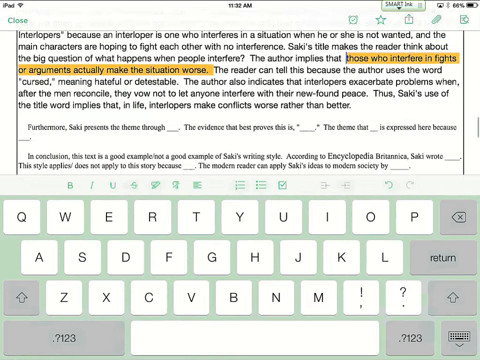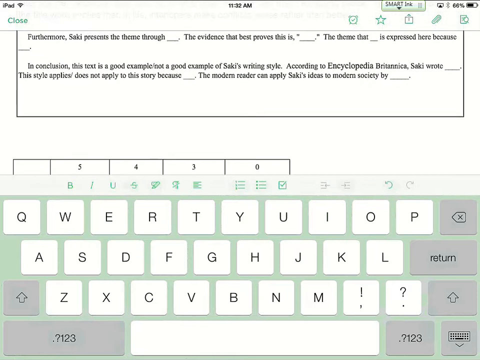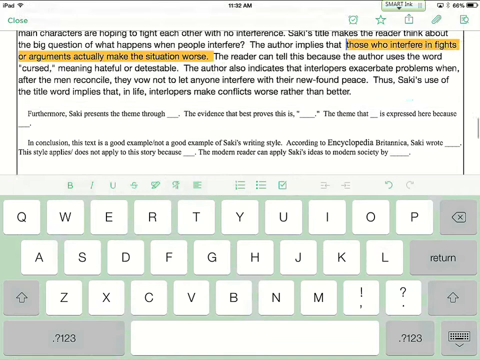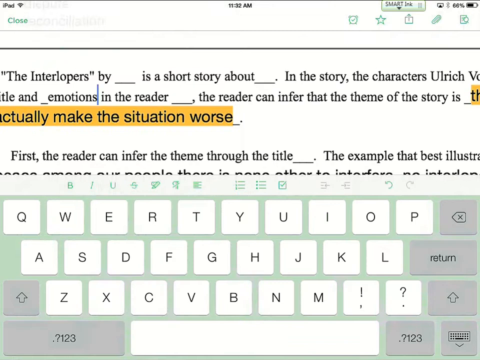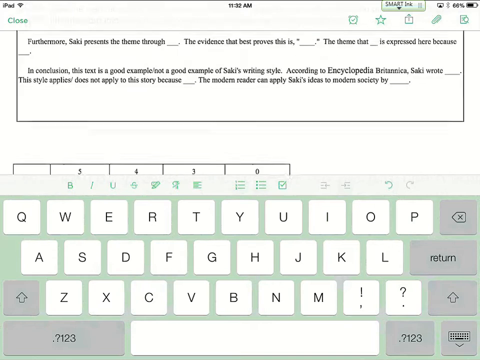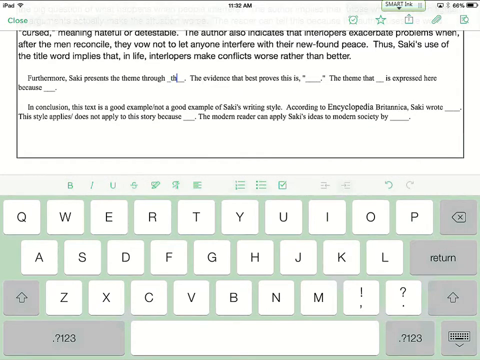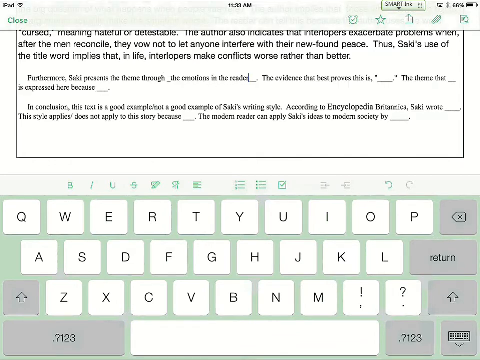Now in the next paragraph, notice the transition. Furthermore, Saki presents the theme through, so you need to remember what you just wrote in your thesis, the emotions in the reader. You do the same thing you did in the previous paragraph.